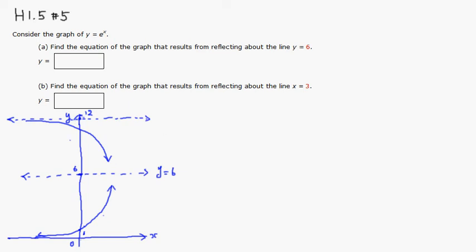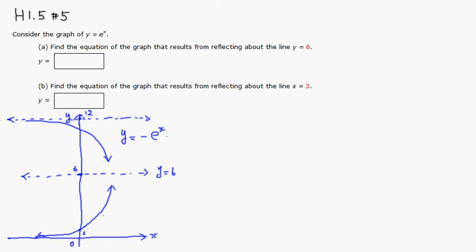All right, then you can see that here the transformation is pretty clear. What you need to do first is a reflection, because this is curving down and the original one is curving up. So we're going to have a reflection about the x-axis. That's easy to do. You just have to put a negative sign in front of the exponential function. And once you do that, you have to shift it up 12.